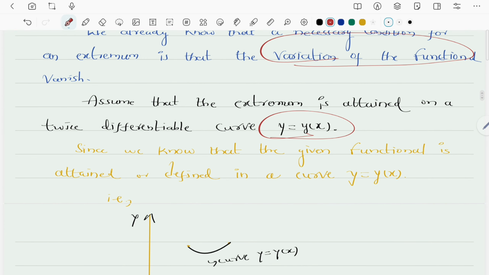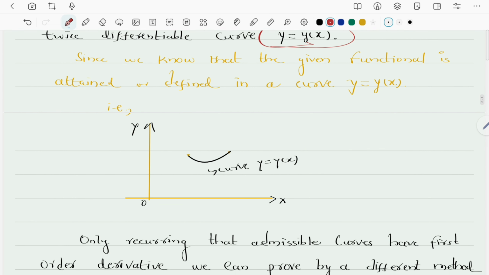Since we know that the given functional is defined on a curve y equal to y of x, earlier we discussed that gamma of y of x is equal to the integral from x0 to x1 of f of x comma y dash, defined on the curve y equal to y of x.